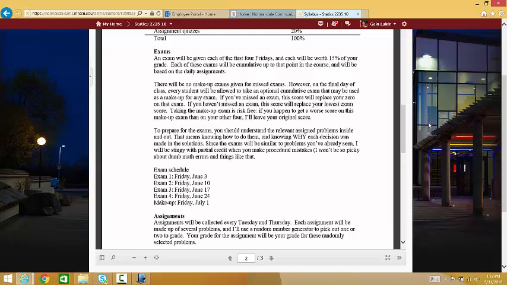If you miss any one of those, or if you just score badly on one of those and you wish you hadn't, then the next Friday there's going to be a cumulative final that you can use as a makeup for any one of those first 4.